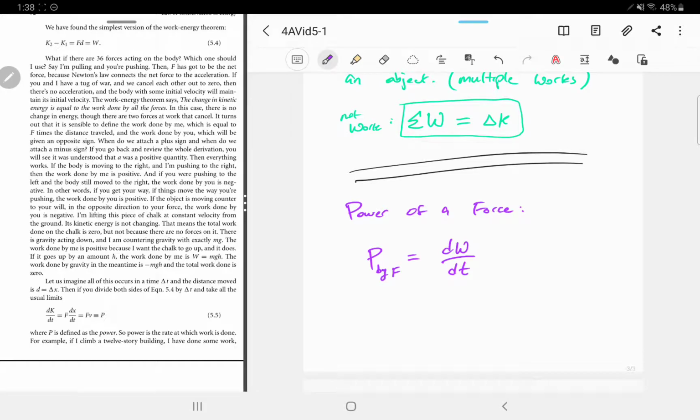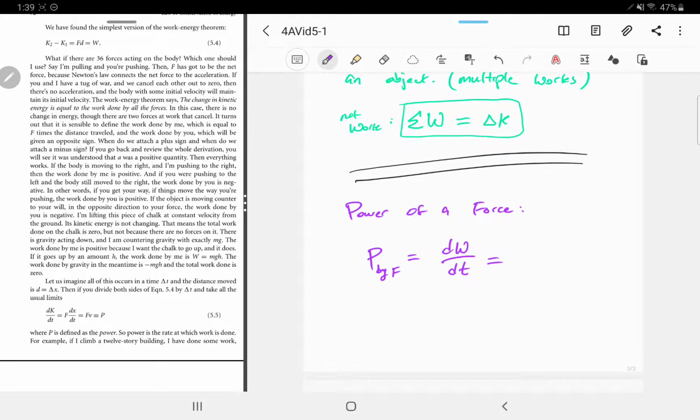A Porsche, a fancy car, could do that same amount of positive work, the engine doing positive work so that the change in kinetic energy of the car could be positive. It's the same amount of work, but in a lot less time. And the reason a fast car can do that is because it has a lot of power. So the same change in work, but in a much smaller time, is a bigger power. This is the rate at which work is being done by that force.